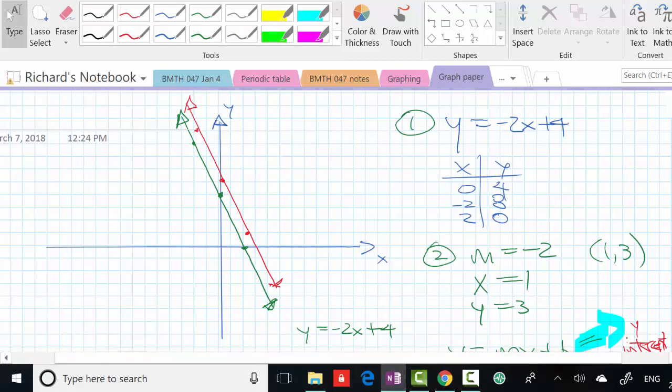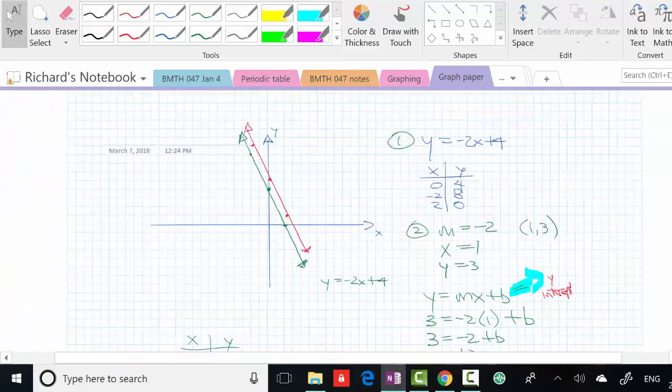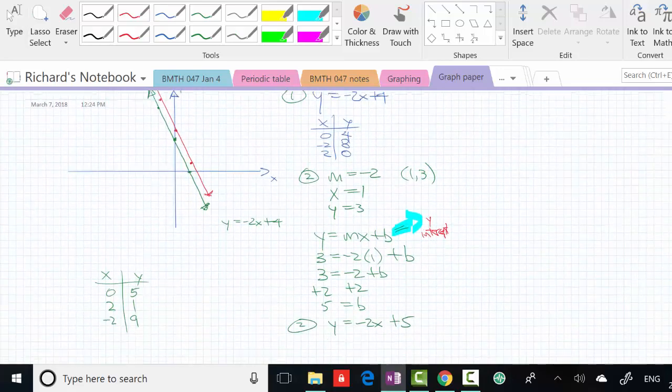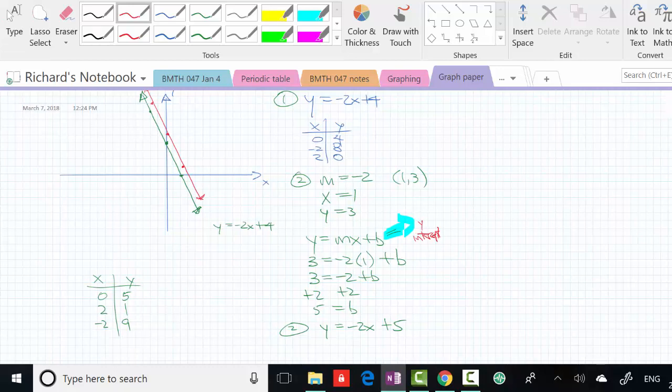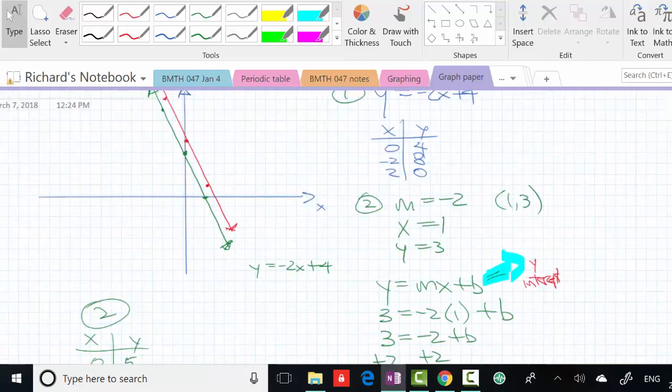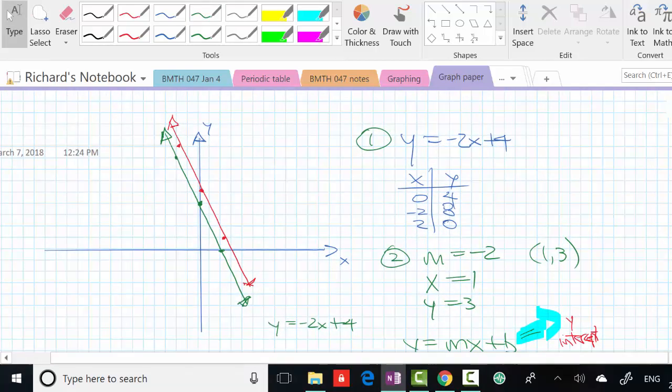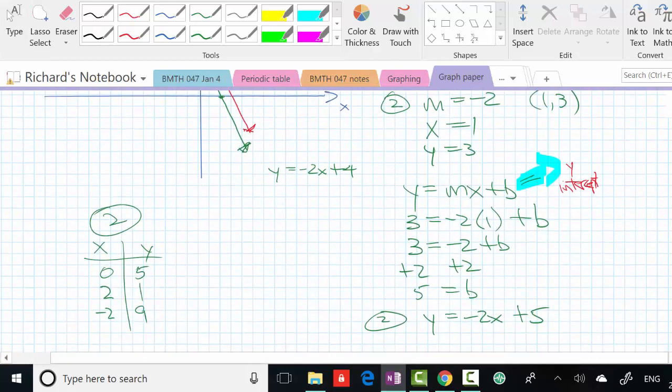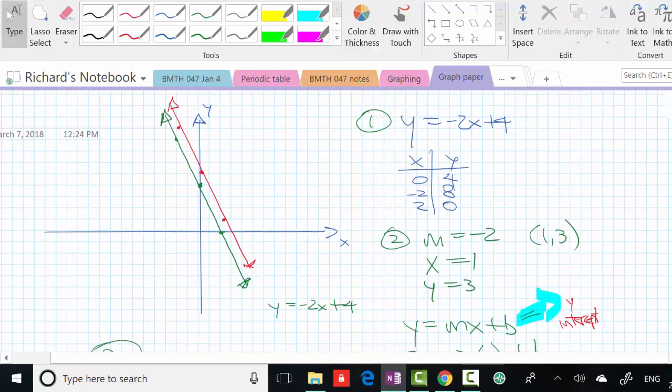Well, I've gone ahead and plotted the points for my ordinate pairs for equation 2, which is this set of ordinate pairs here. And you can see that I've got another line, which is in red, which is the graph of the equation y is equal to -2x plus 5. So I'm going to write that.